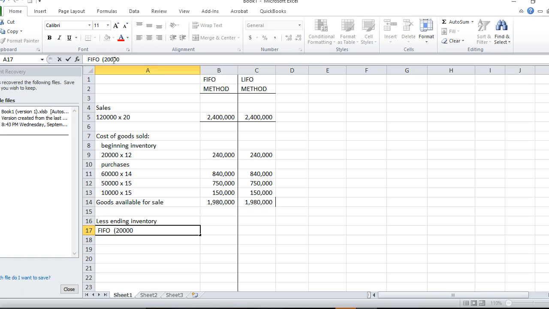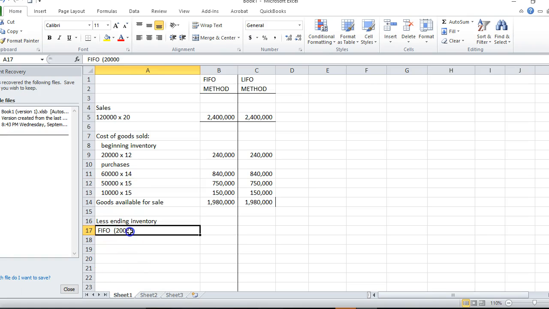FIFO means the first ones in are the first ones we sell. So our ending inventory would be the last ones in there, right? So FIFO would mean we have 20,000 units at how much cost? $15, right? This 10,000 was purchased at 15, this 50,000 was purchased at 15.